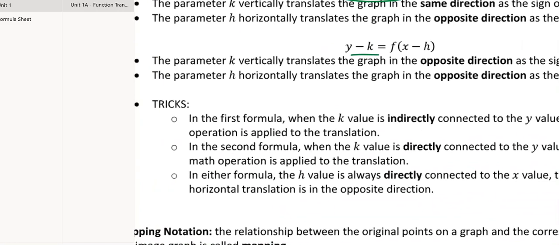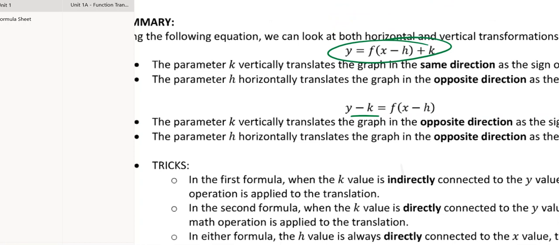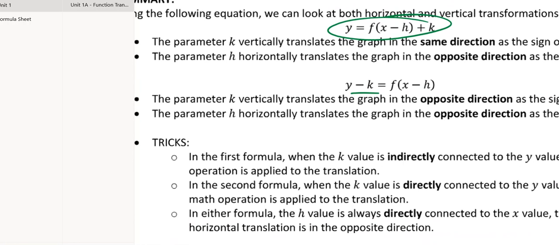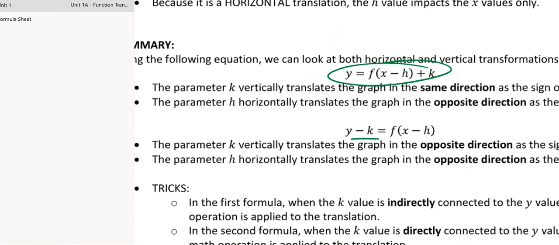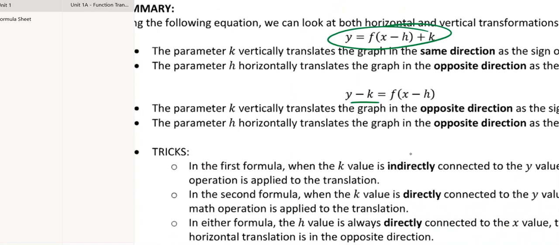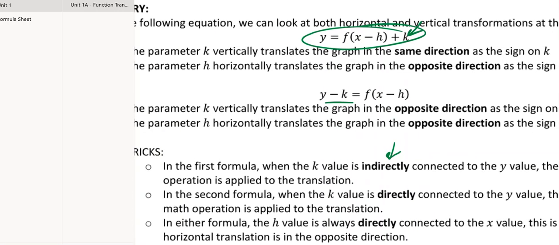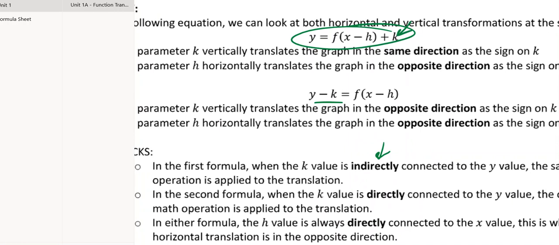Now, you'll see words like indirectly and directly. In the first formula, k is indirectly connected with the y value. What that means is it's on the other side. If it's indirectly connected, then the same mathematical operation is applied, so it'll be what you think it should be.